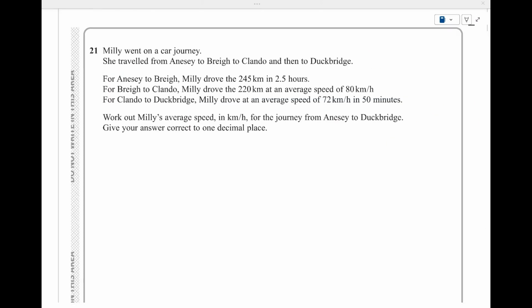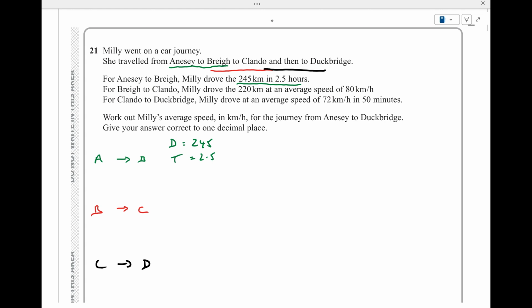Question 21. Millie is going on a car journey. She's going from A to B. Then she's going from B to C. Then she's going from C to D. From A to B, she drives 245 kilometers, time 2.5.